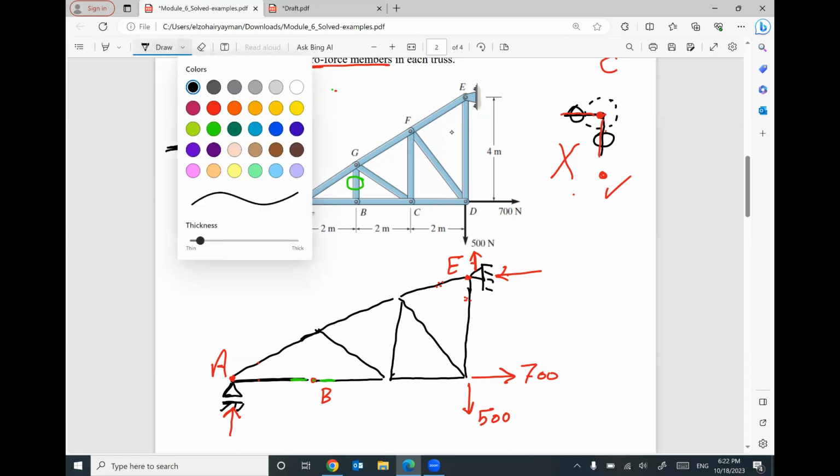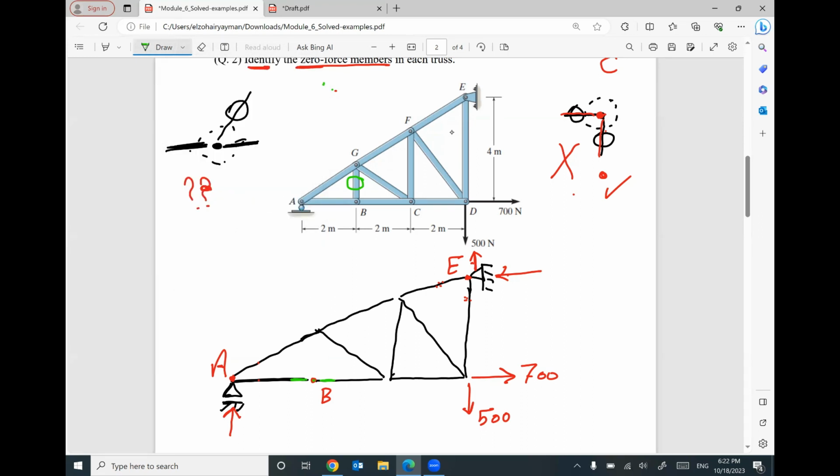Once you delete this member, do another check. Do you have a joint with three members, two of them collinear, and no given external force? I think yes. After I deleted the zero force member BG, I think joint G has three members.